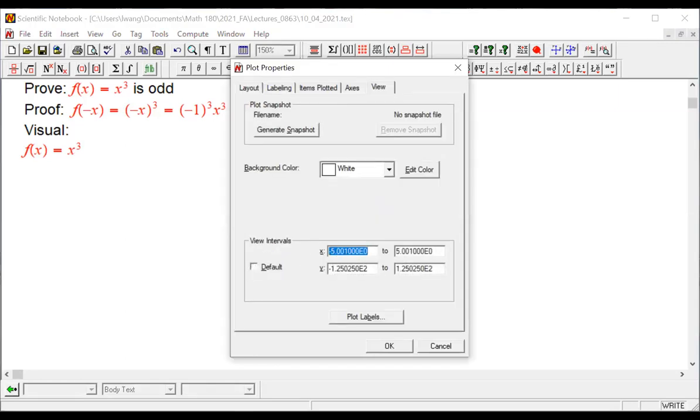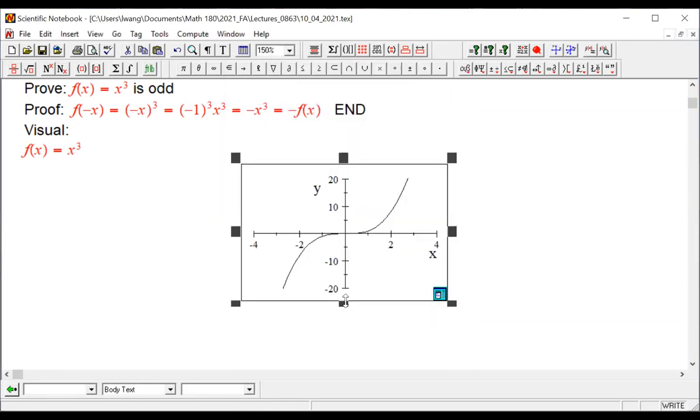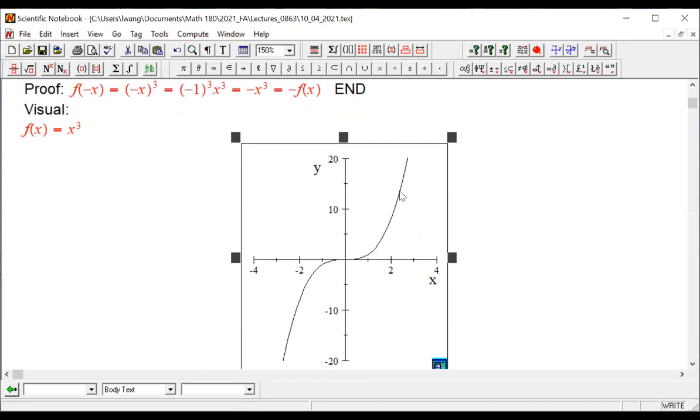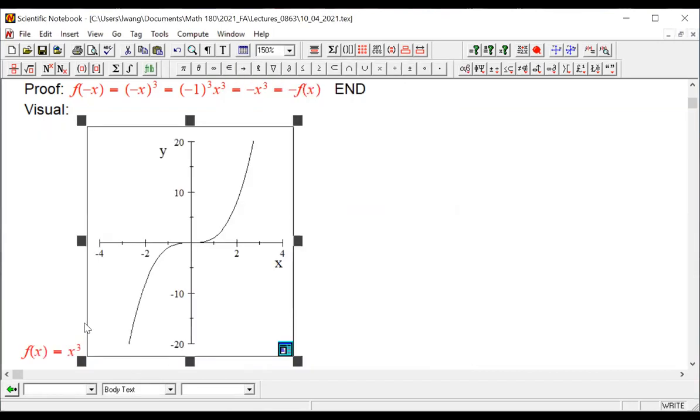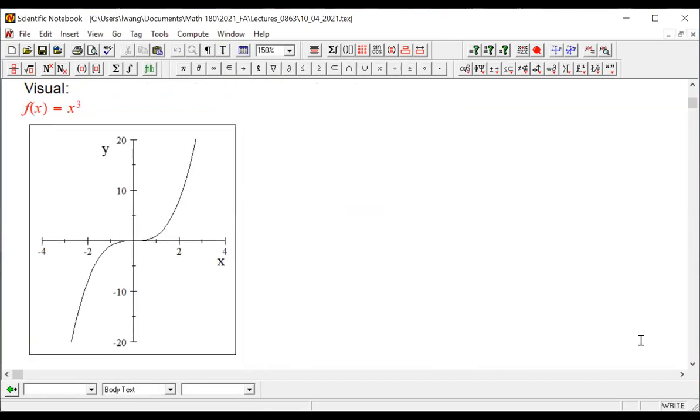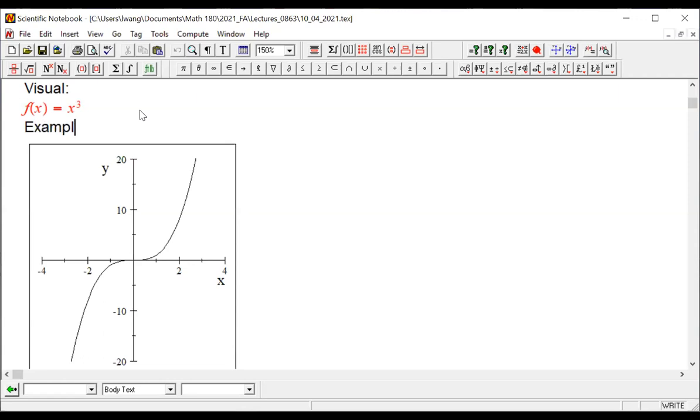Let me make some adjustment about this picture. I'm going to let it scoot over just a little bit. All right, so we have the visual. So let's look at some points, some examples.